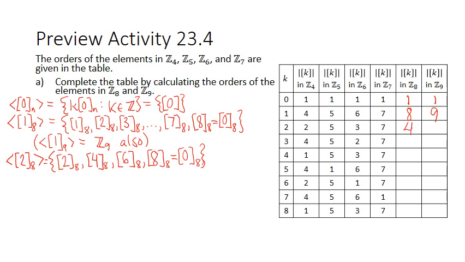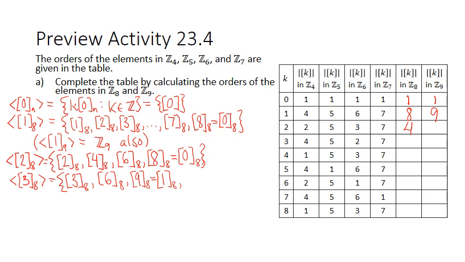Let's try just doing a few more, and then I'll just write in the rest of them. All right, so 3 in modulus 8. This one is maybe slightly more interesting. You start with 3, and then 3 times 2 is 6, and then 3 times 3 is 9, but 9 goes back down to 1.